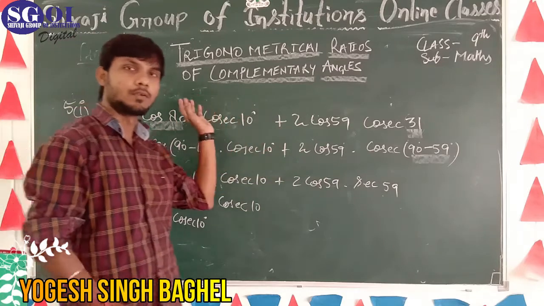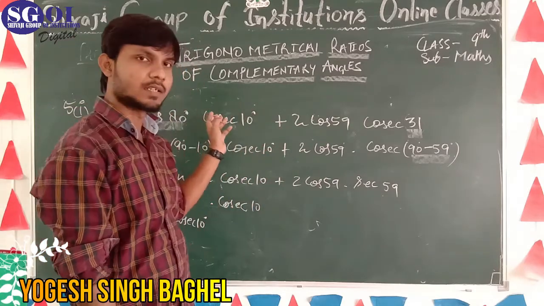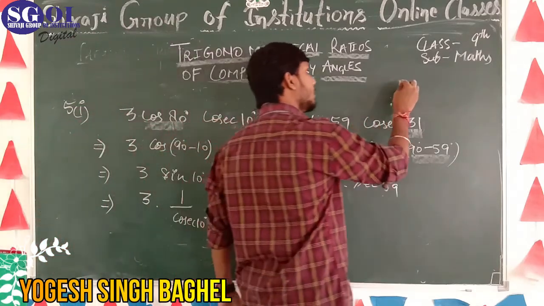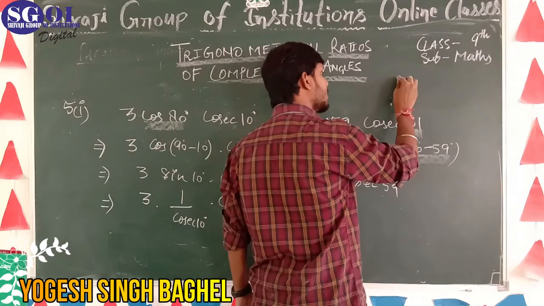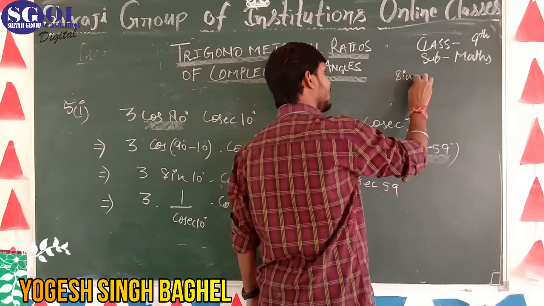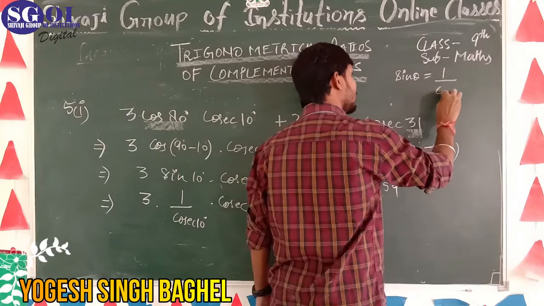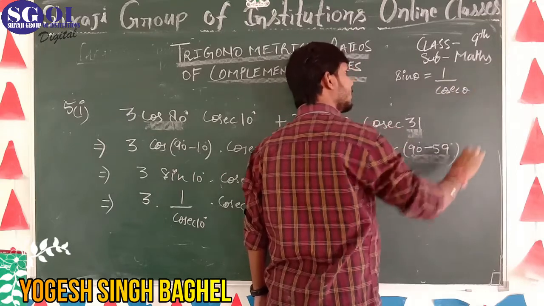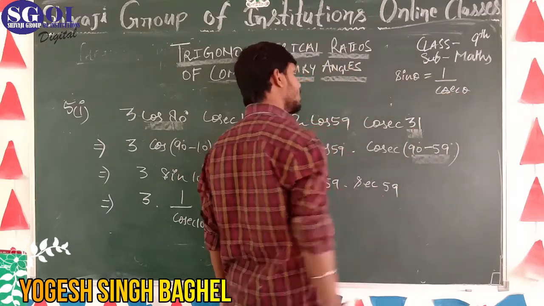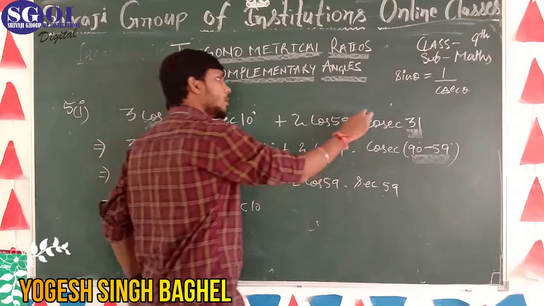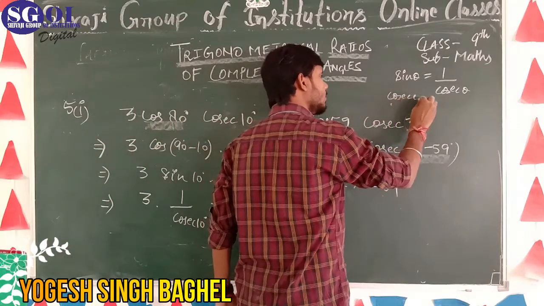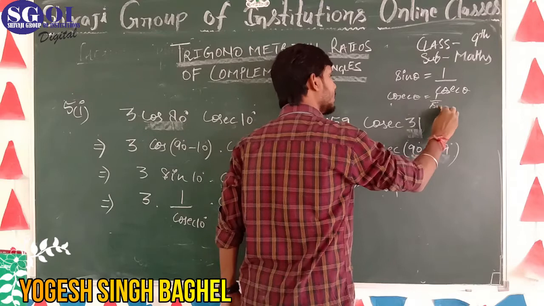I had told you in an earlier exercise about the reciprocal relation. What is the reciprocal relation? Sin theta is the reciprocal of cosec theta. Sin theta is equal to 1 upon cosec theta, and similarly cosec theta is equal to 1 upon sin theta.